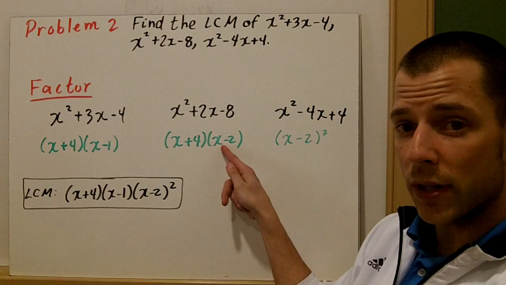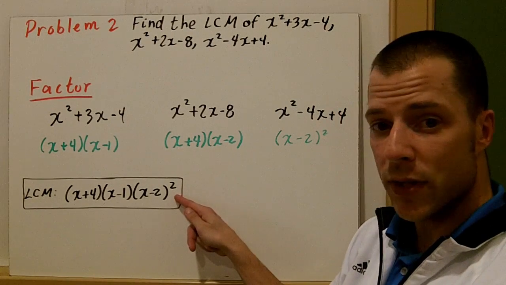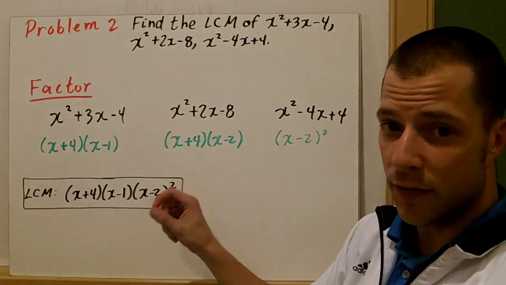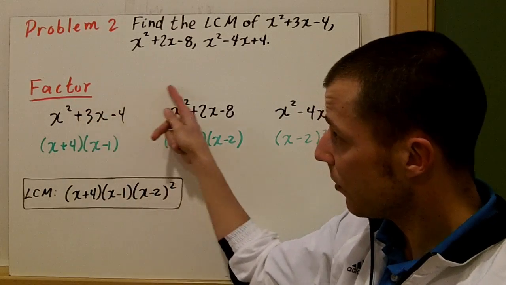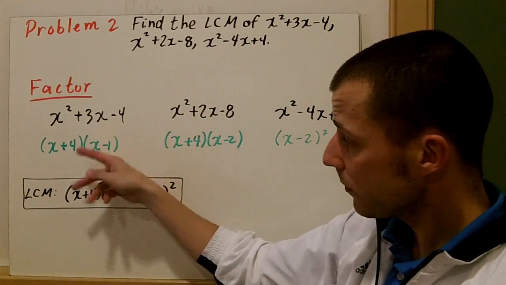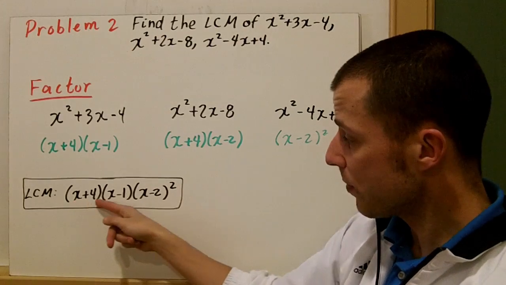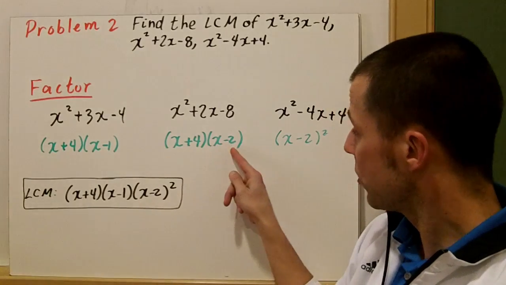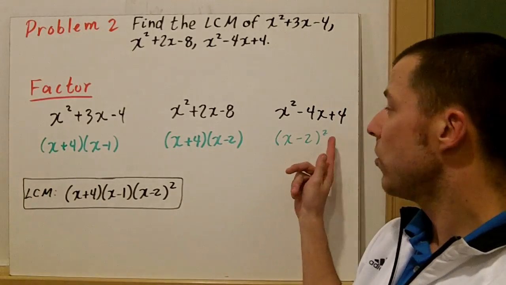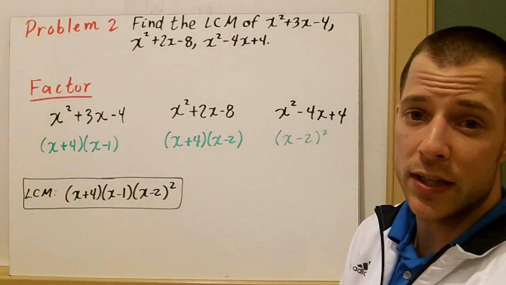So we ignore this one and we take x minus 2 raised to the largest power. And that's what they mean by taking the product of primes to the largest power. We factor all of our terms, take all the prime factors and multiply them together. If we have a factor that repeats, such as x minus 2, you take the one that has the largest power and that comes down. And that's how we find the least common multiple.